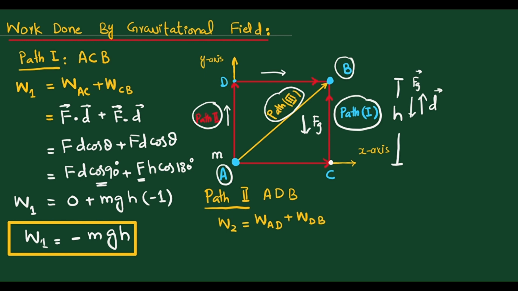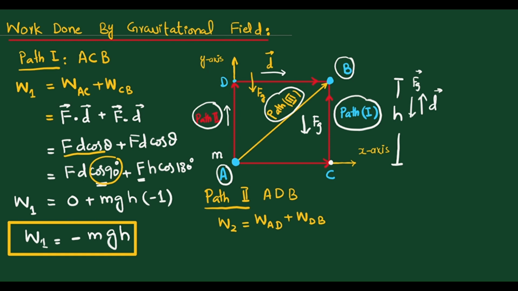As in path 1 we have shown that the work done along the x-axis is equal to 0 because there is a cos 90. In this path 2, also the work done from D to B will be equal to 0 because here the gravitational force is downward and the displacement is along the x-axis, and the angle between the displacement and force is 90 degrees.